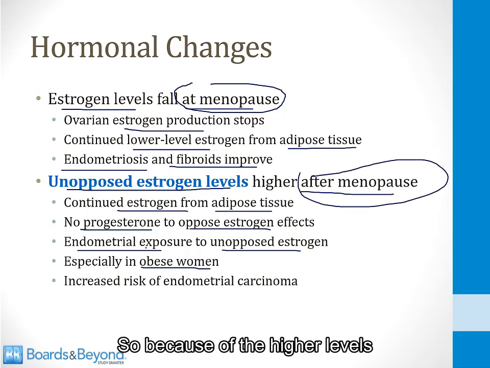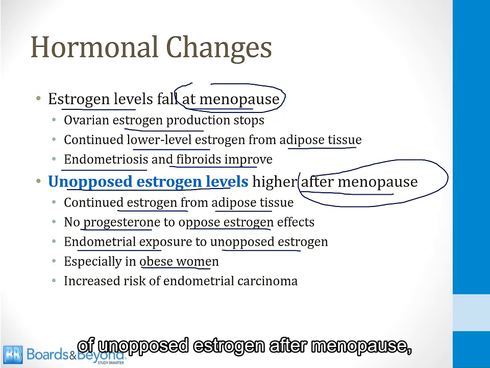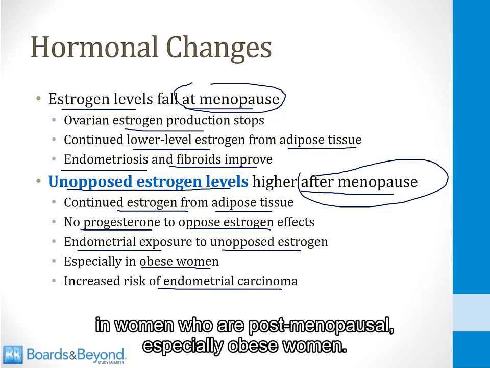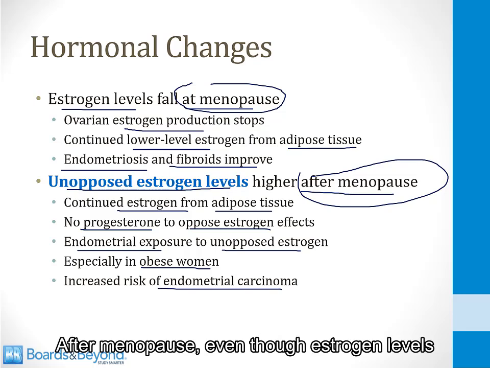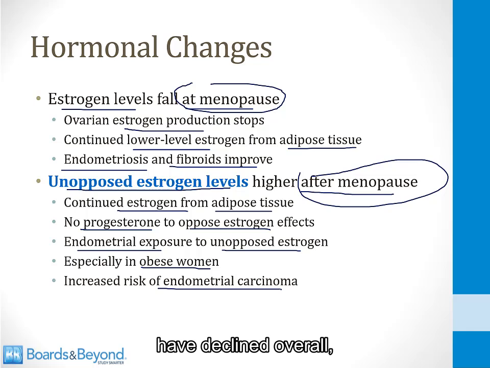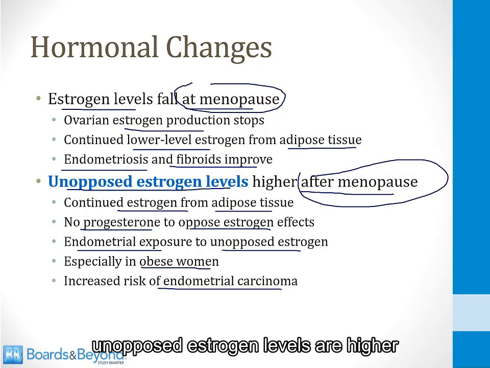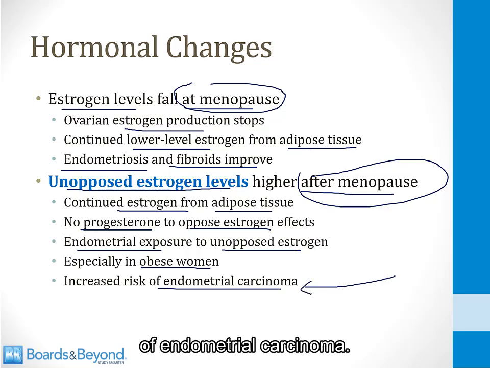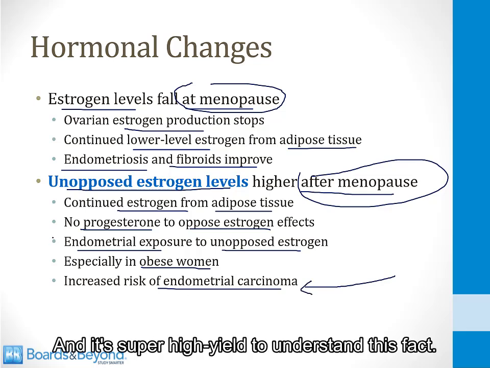So because of the higher levels of unopposed estrogen after menopause, there's an increased risk of endometrial carcinoma in women who are postmenopausal, especially obese women. After menopause, even though estrogen levels have declined overall, unopposed estrogen levels are higher, and that's what leads to a higher risk of endometrial carcinoma. And it's super high yield to understand this fact.